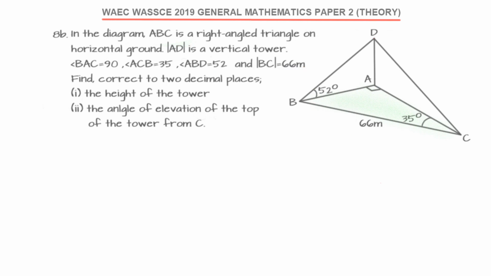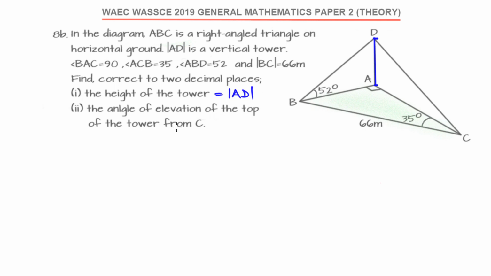Now, using this information that I've been given and the diagram, we have to find, correct to 2 decimal places, the height of the tower and the angle of elevation of the top of the tower from point C. First, we are asked to find the height of the tower, that's AD.